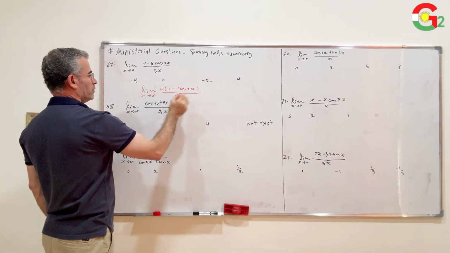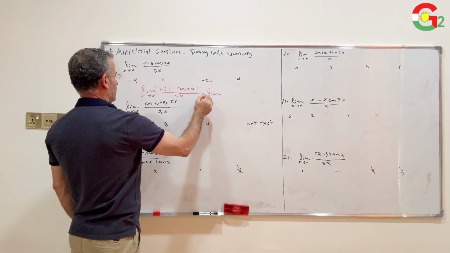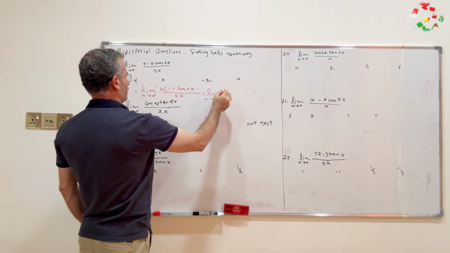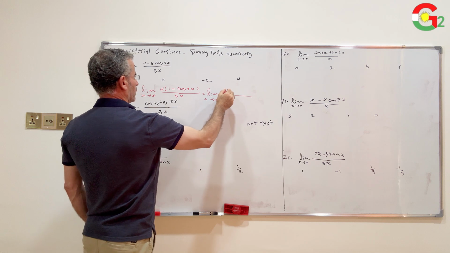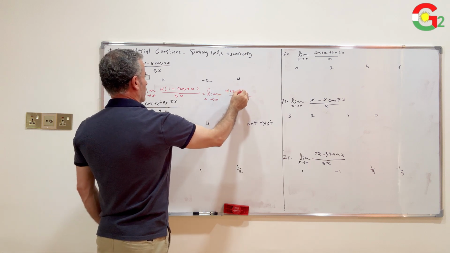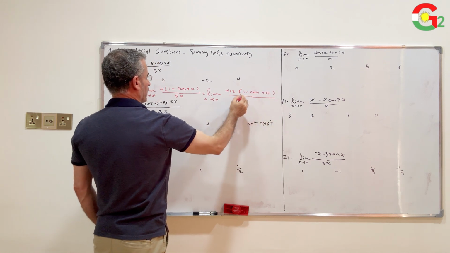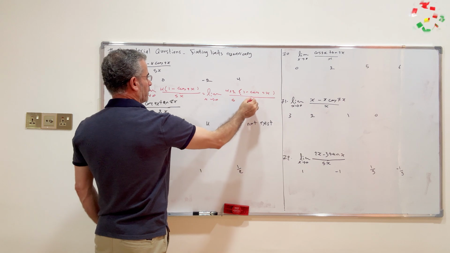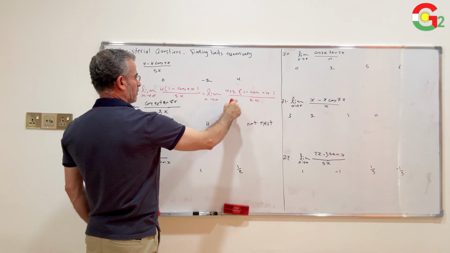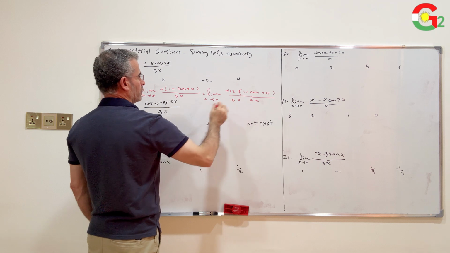Multiply by 2 and divide by 2, equal to the limit as x approaches 0 of 4 times 2, bracket 1 minus cosine 2x over 5 times 2x. We multiply by 2 and divide by 2.